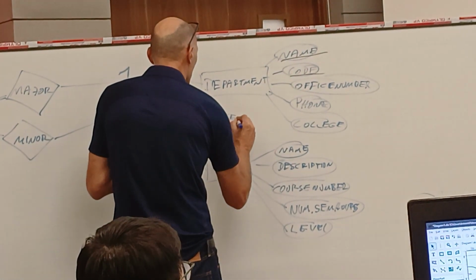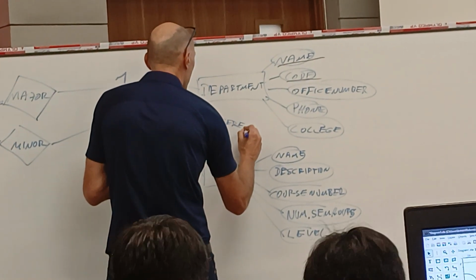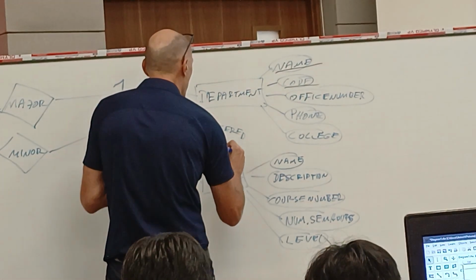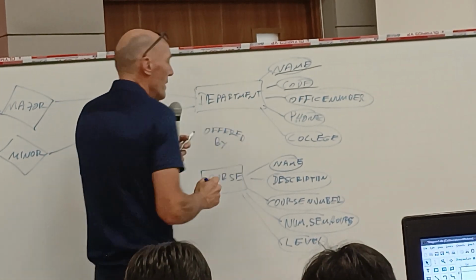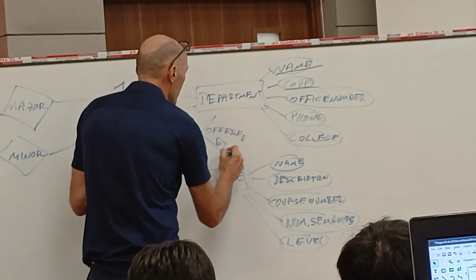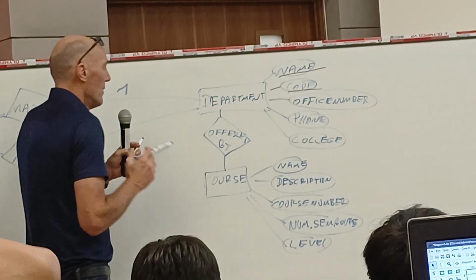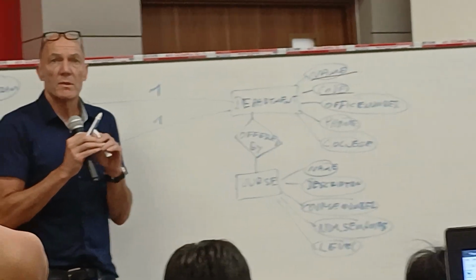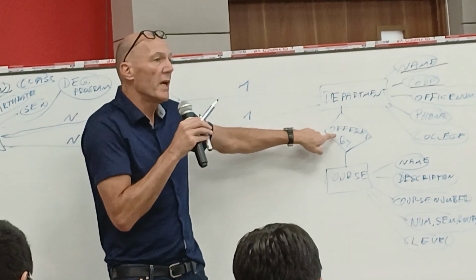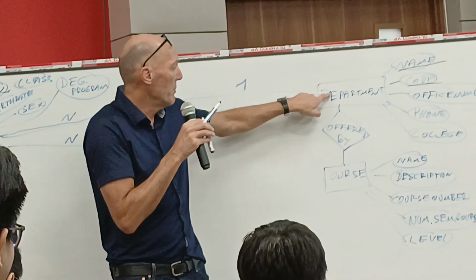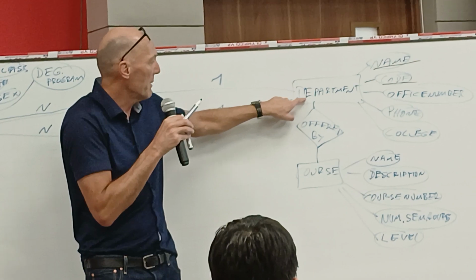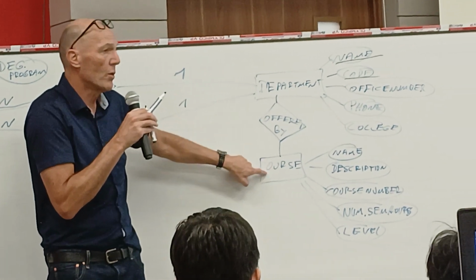And maybe we call it offered by, or offers. Sometimes you see people putting two names in a relationship. If I read it from here to here, you could say the department offers the course.